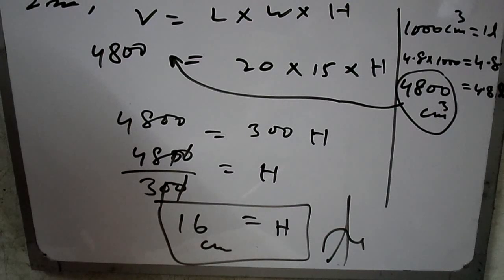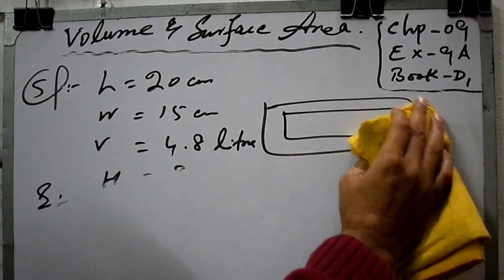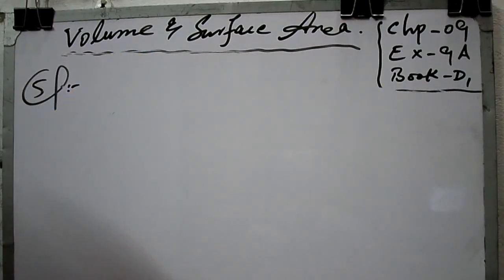So another part is we have to find its surface area of a cuboid. Now surface area of a cuboid.